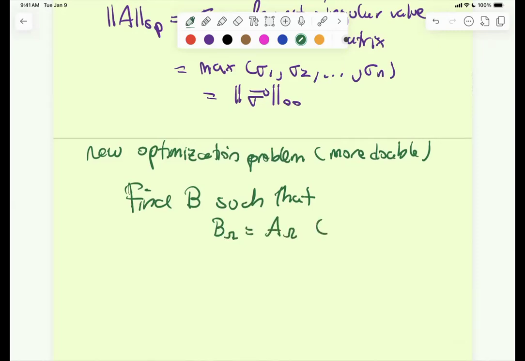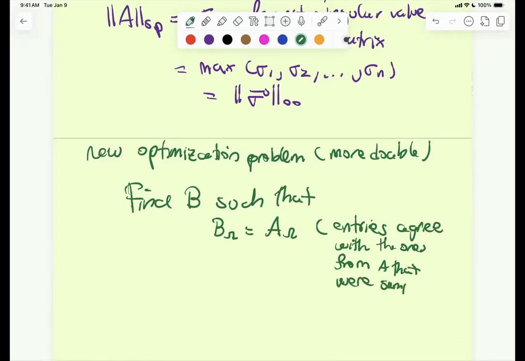This means that the entries agree with those of A that were sampled. And of all those matrices that would satisfy that condition, of which there are infinitely many, you just try to locate the one whose nuclear norm is as low as possible.